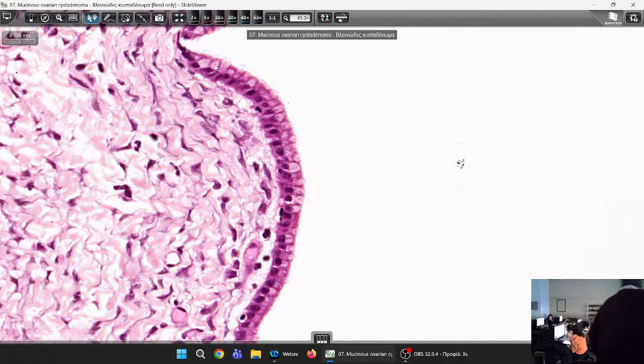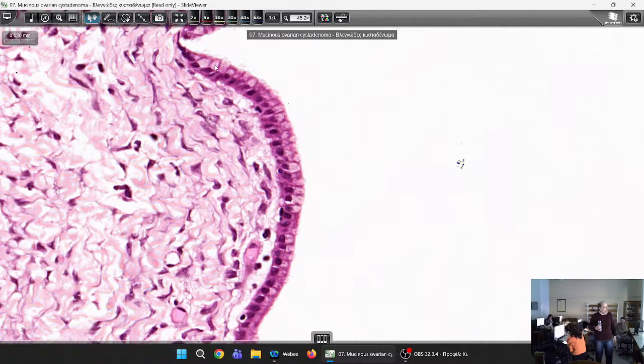As far as ovarian tumors are concerned, those deriving from the superficial mesothelial lining of the ovaries, now known erroneously as epithelial tumors of the ovary. This is how we classify them. Actually, it's not epithelial, but that's the way it goes. So we have serous epithelial tumors and mucinous epithelial tumors.